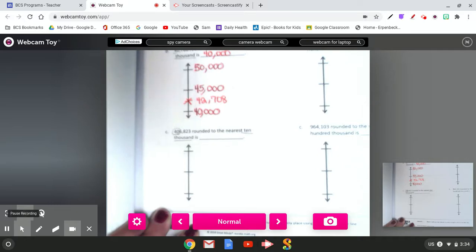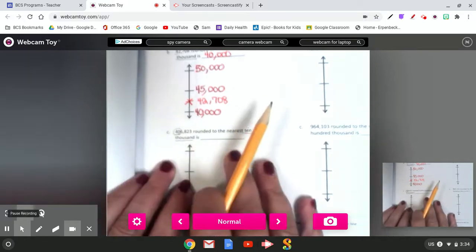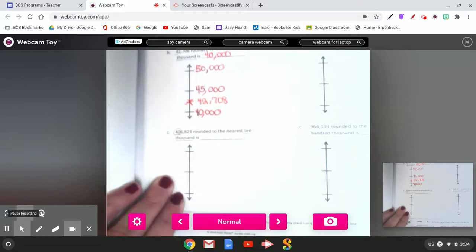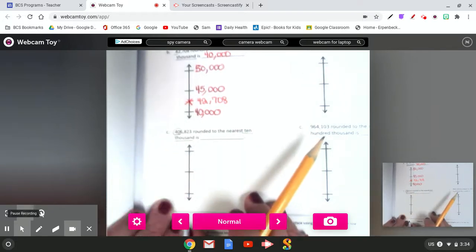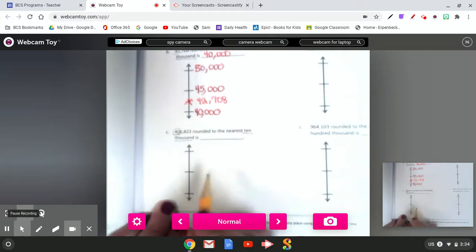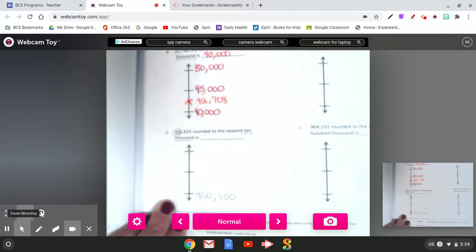And we'll say that again. 40 10,000s, remember in our days of bundling, would be equal to 400,000. So if that is true, then 400,000 needs to be written in the bottom of our vertical number line.